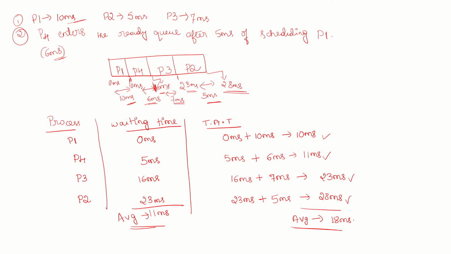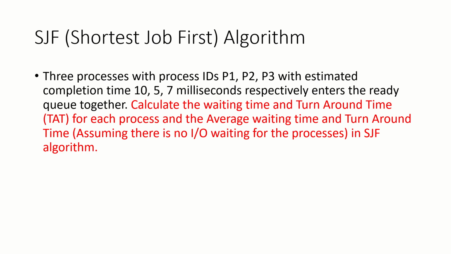Next we have one more algorithm. What is that? Shortest job first algorithm. As the name says, here processes will come to the ready queue, but we will select the one which will complete in a very short amount of time.